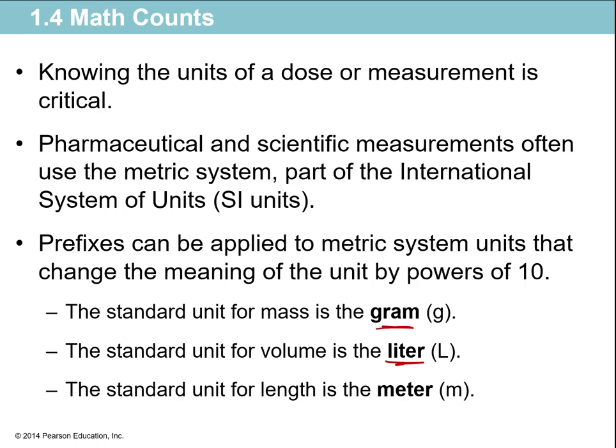We can have a milliliter, which is a very small amount, or centiliters, deciliters, or kiloliters. The third one is length. So we have weight or mass, volume, the amount of space something takes up, and length. Instead of a yard, we have a meter, and a meter is about 2 3/4 inches longer than a yard.